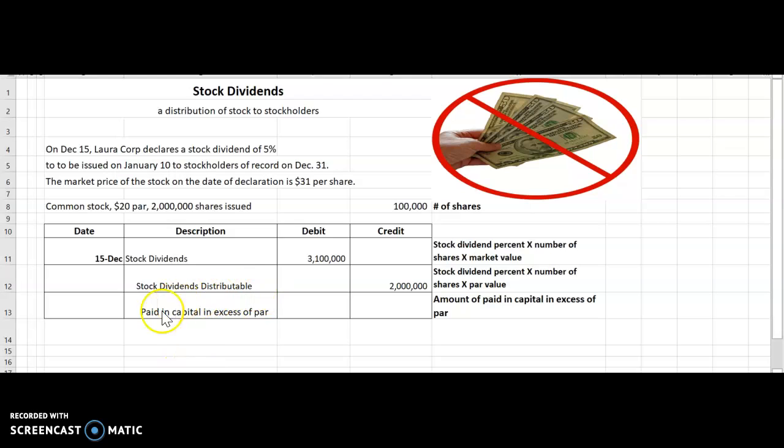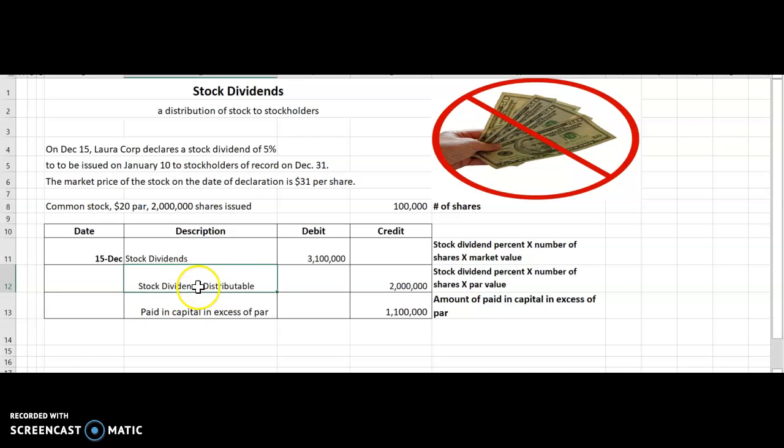Everything over our par value will go into paid-in capital in excess of par. So we can subtract to find out how much we are over our par value, and it would be $1,100,000.